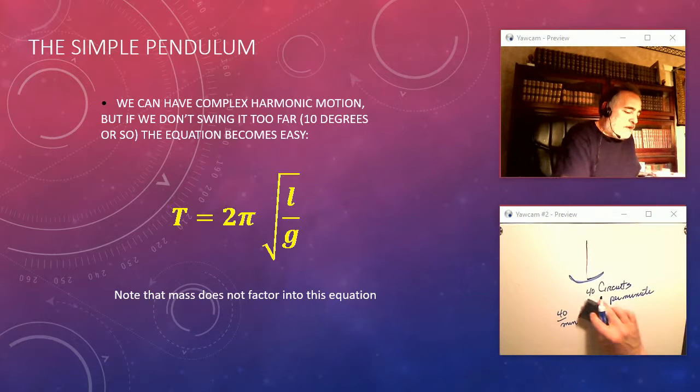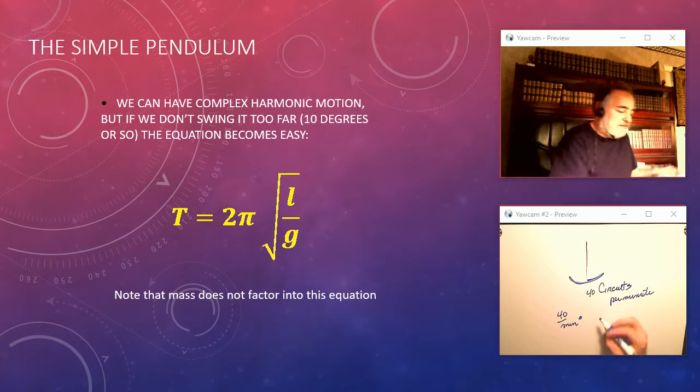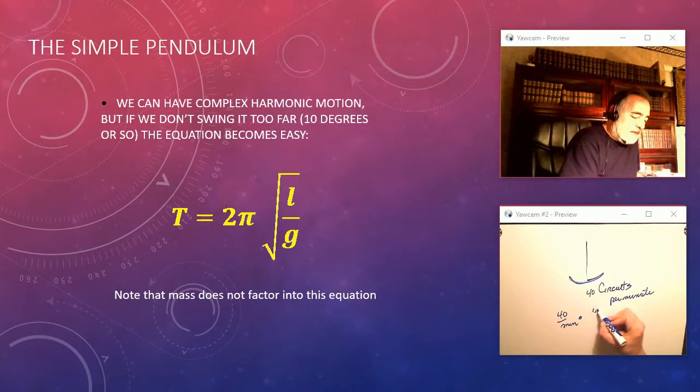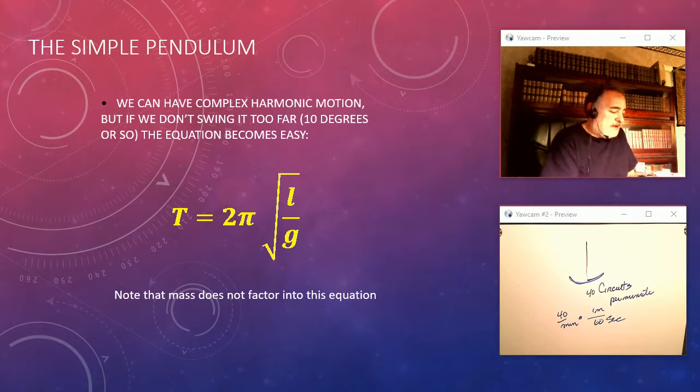Actually, I wrote that wrong. Hold on, because you have to have 1 minute equals 60 seconds to get this to cancel, right? And so that leaves you with 0.667 seconds for your period.